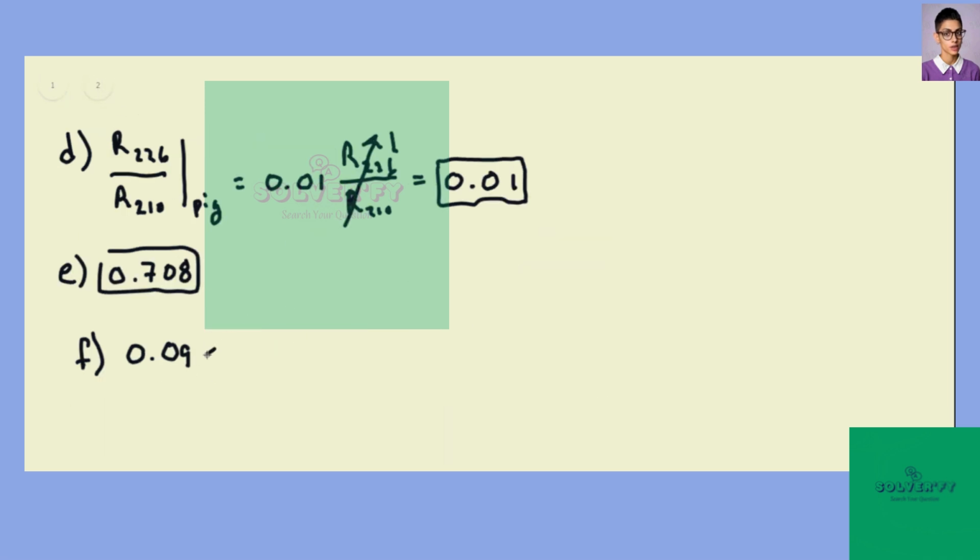And since 0.09 is in this case significantly less than 1, this implies that the painting was not 300 years old. And so it was not painted by Vermeer.